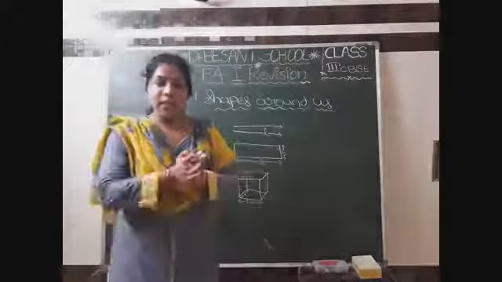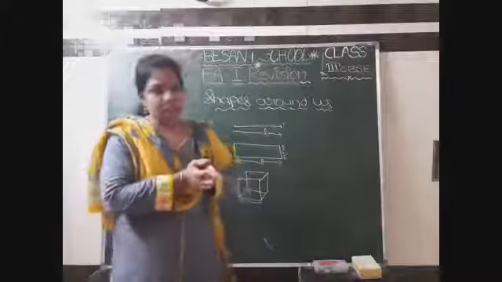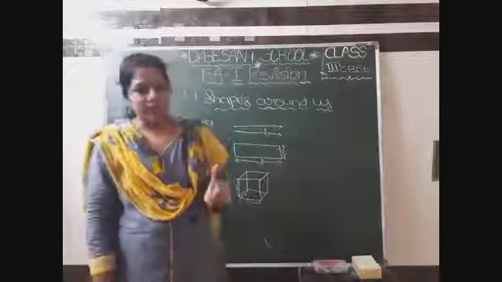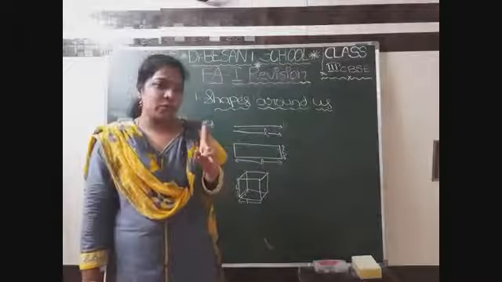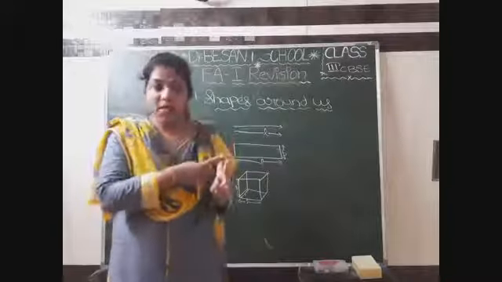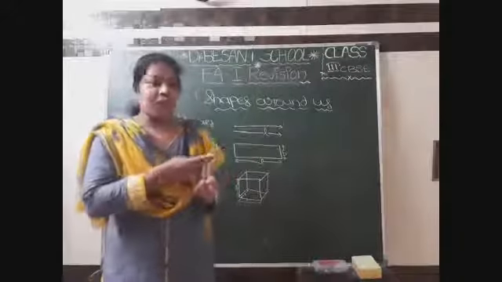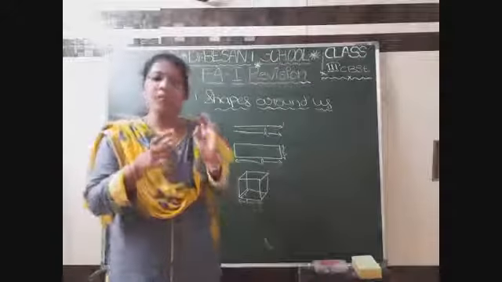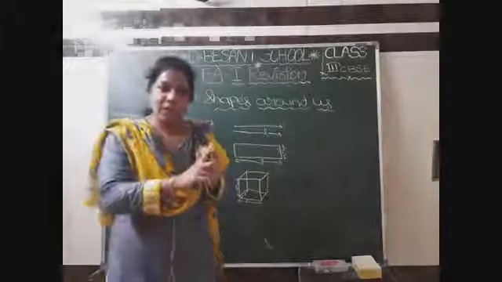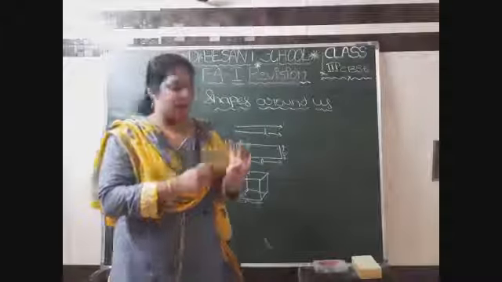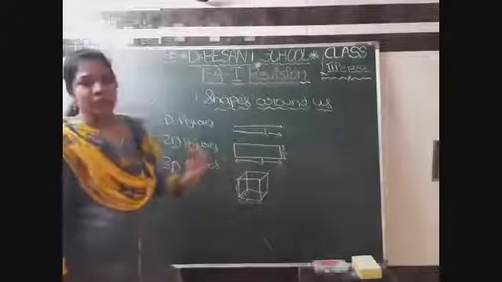The figures which have one dimension are called 1D figures. The figures which have two dimensions, length and breadth, are called 2D figures. What are the examples of the 2D figures? Rectangle, square, circle, triangle, all these are 2D figures.